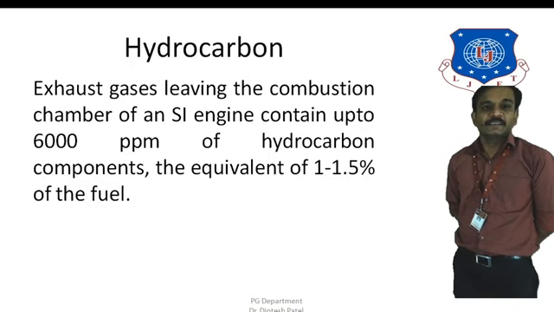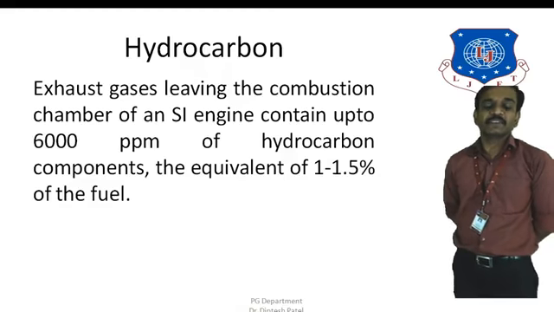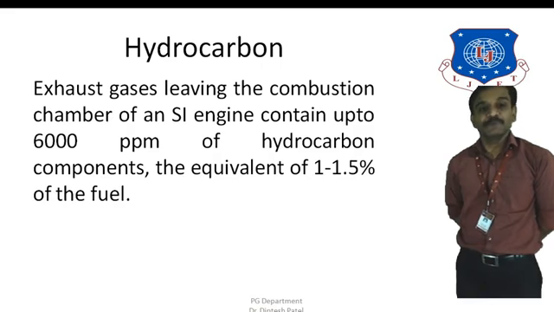Next, we are going to see the different types of emissions, and the first one is hydrocarbon. Hydrocarbon is present at approximately 6,000 parts per million, which is equivalent to 1 to 1.5 percent of the fuel.